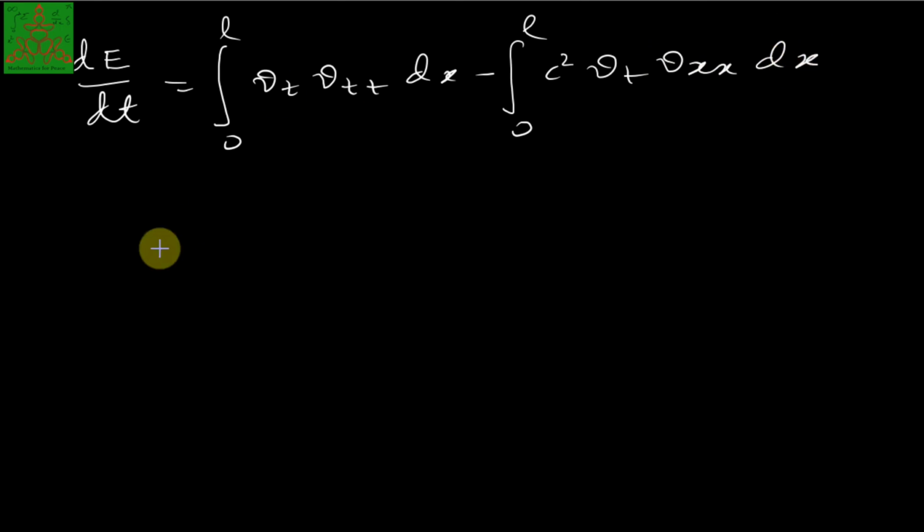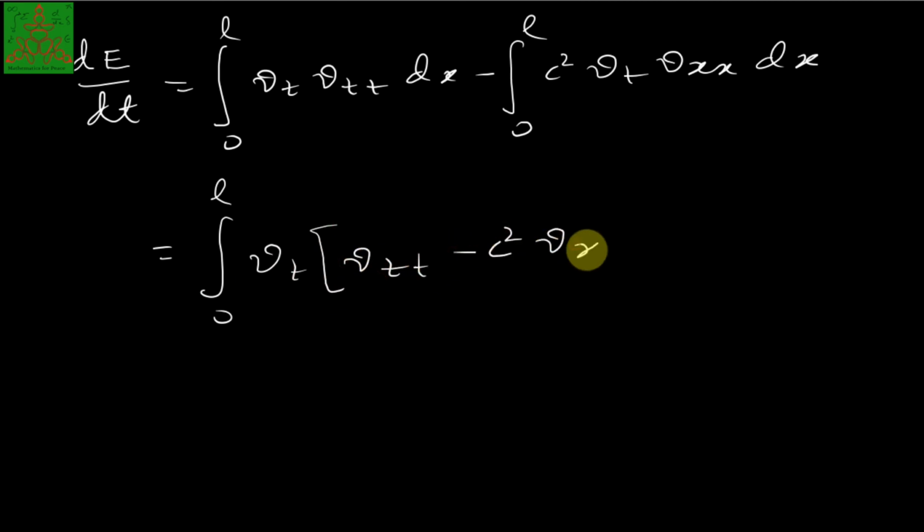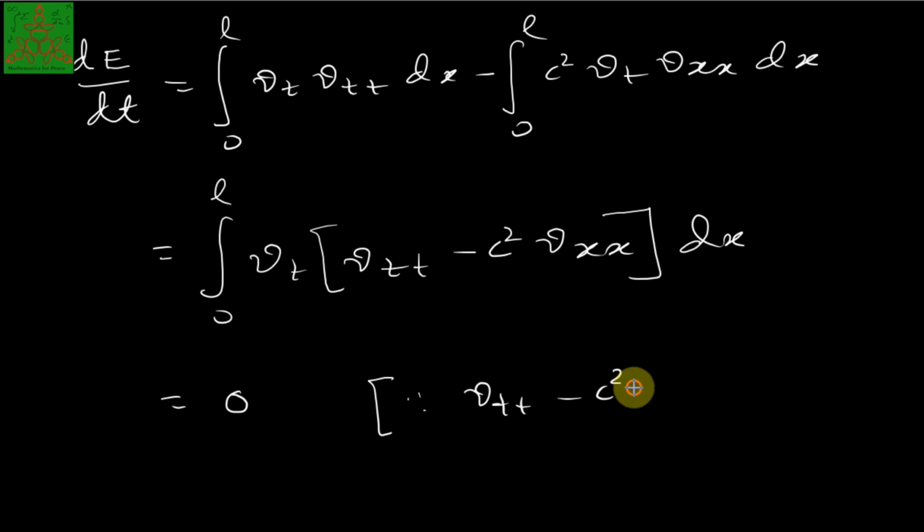We can write these two terms combined as the integral from 0 to L of Vt (Vtt minus c² Vxx) dx. But Vtt minus c² Vxx is 0, which we already proved, so this gives me 0.